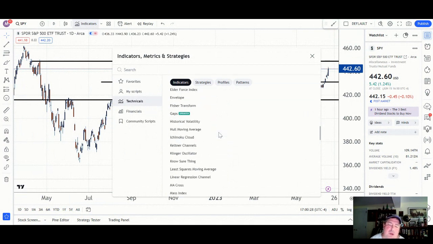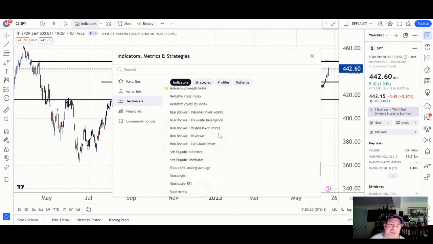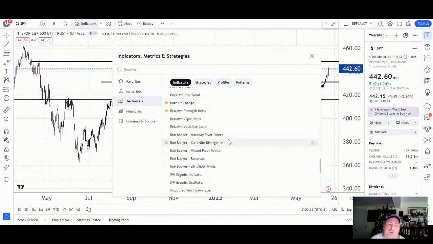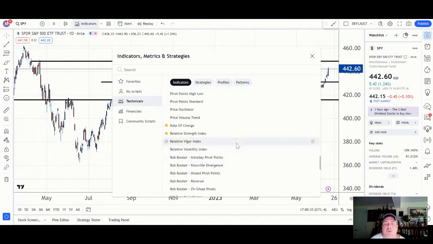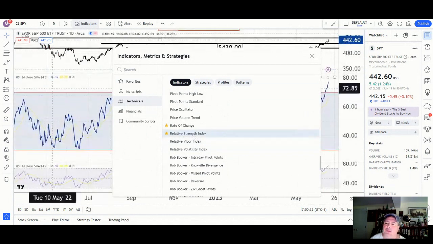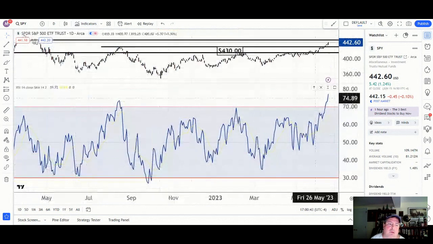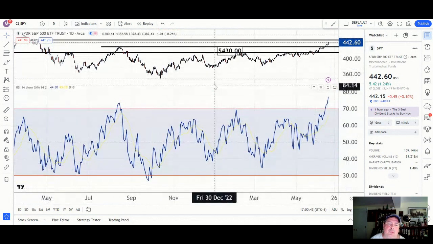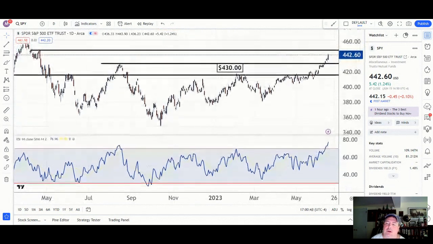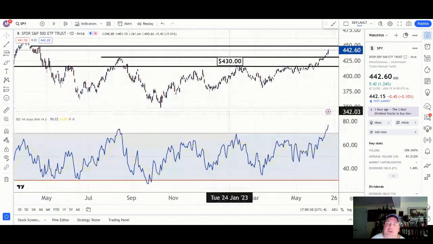I don't think one is better than the other. Everyone has a different eye, and what some people might see, another person might not. So I'm going to just bring up the RSI. The rules that I'm going to speak about over the next however long apply to pretty much all of these indicators, at least the ones that are good. We call them indicators or oscillators.